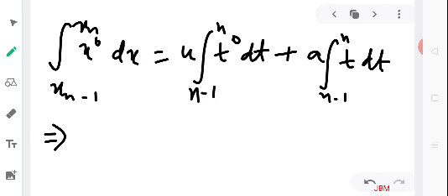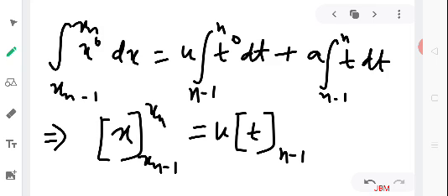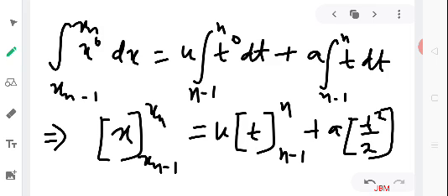Using the standard integral, you get x, and then for the limits you have x n minus 1 and x n. Mind it, this is in the subscript. Equal to u times t, with limits n minus 1 and n, plus a times t square by 2, with limits n minus 1 and n.